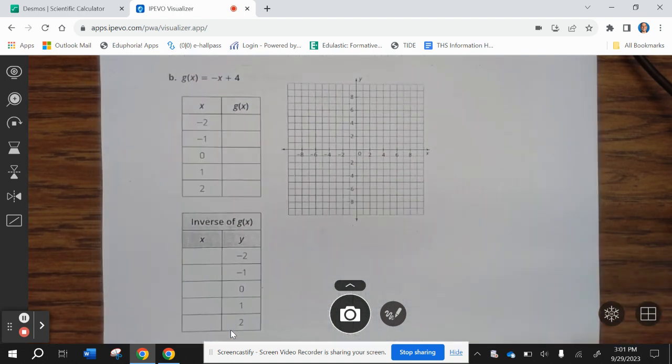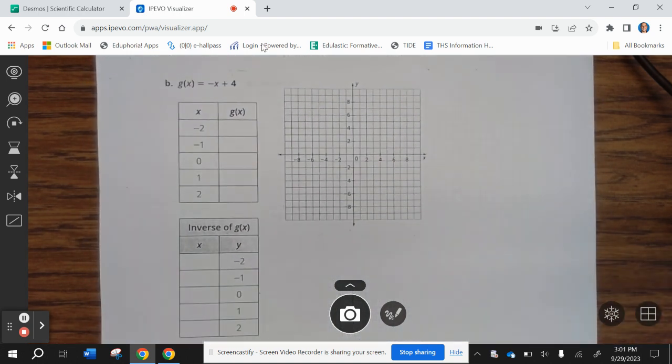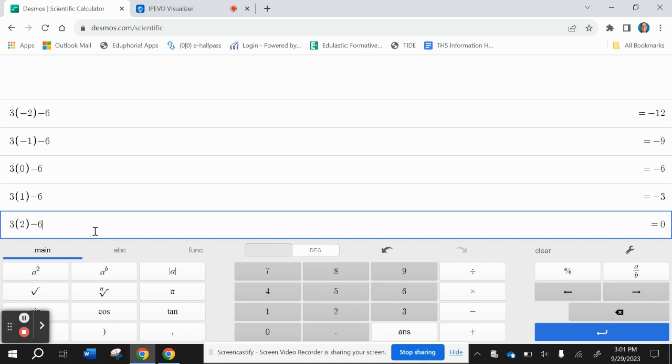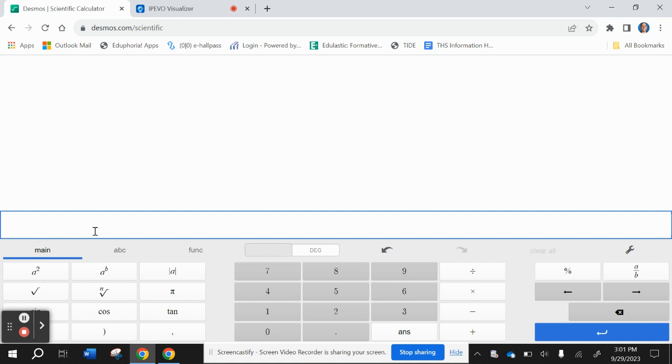All right, first things first, we need to complete the table. So negative parentheses -2 plus 4, negative parentheses -1 plus 4, negative parentheses 0 plus 4, negative parentheses 1 plus 4, negative parentheses 2 plus 4.